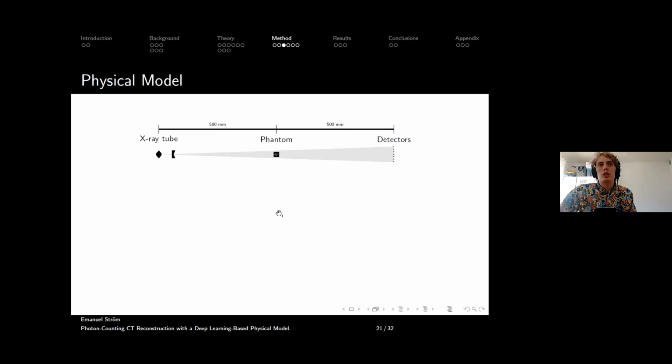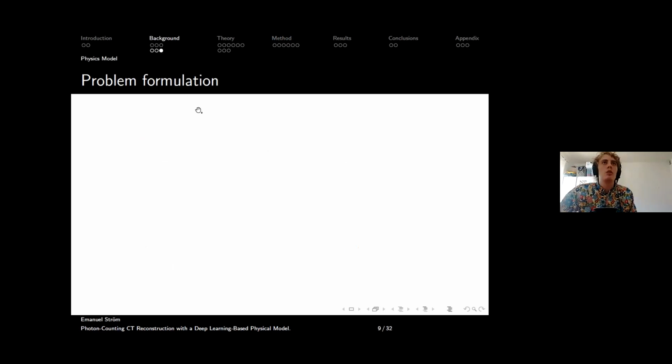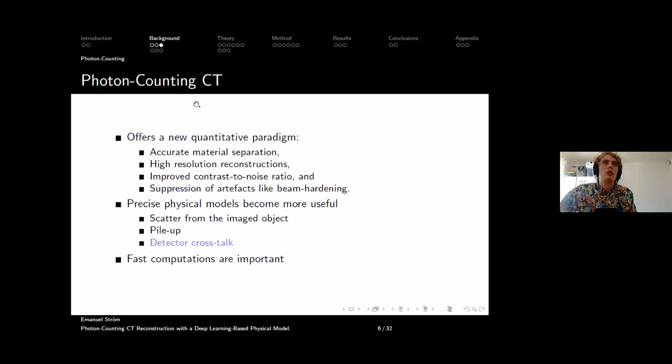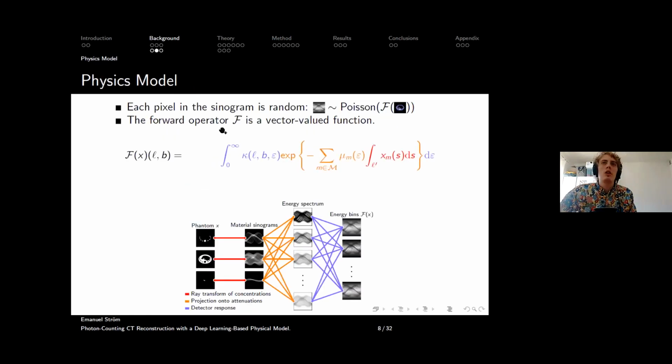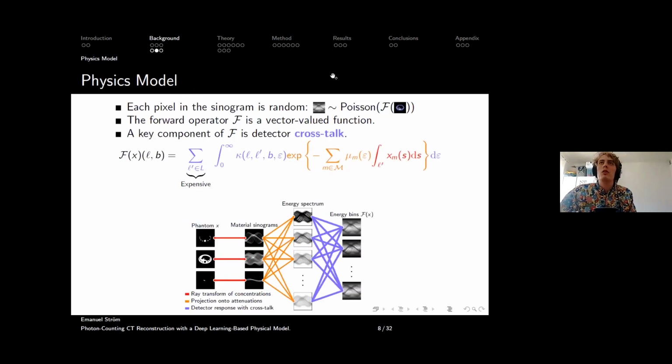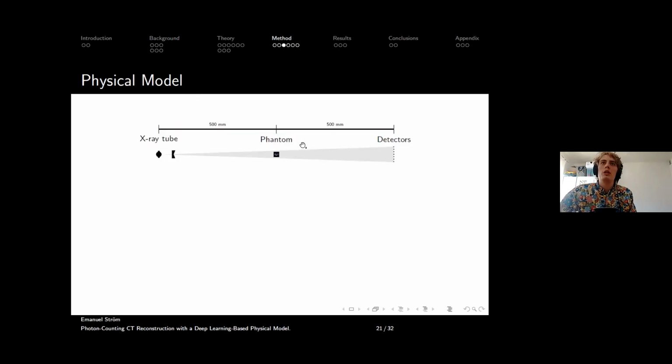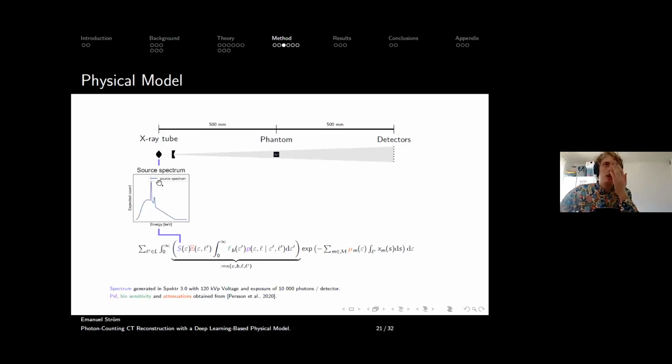So if we expand the forward operator, this is basically the same thing that I explained. This expression here, but in a more detailed version. So we can expand it into 5 different components, which I've colored in different colors here. So first of all, we have the X-ray tube here, which is going to give out some spectrum of radiation.